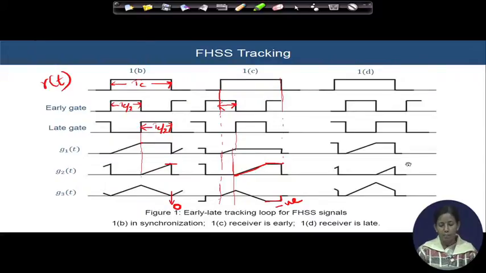Based on the level of the remaining voltage, you can also calculate the amount of delay required for the clock pulse.